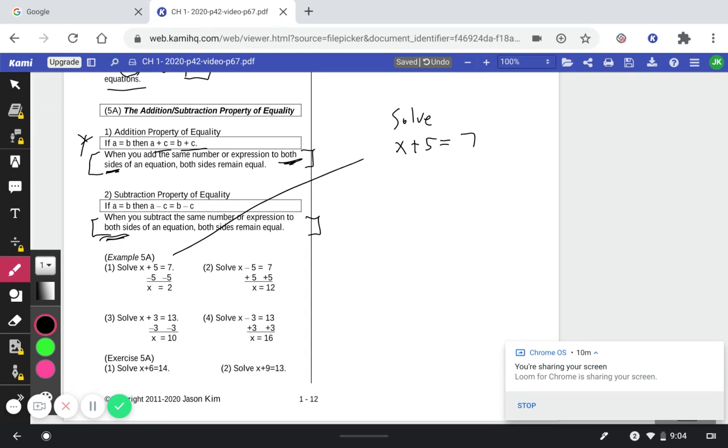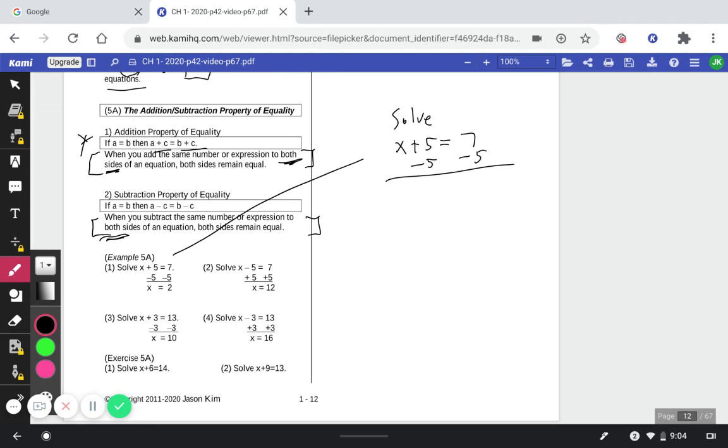To solve, the x has to be alone on the left side of the equal sign. That means you have to somehow remove the plus 5. The way you remove it is you do the inverse operation. Right now, the operation with x on the left side is plus, and the inverse of plus is minus. So you do minus 5 on both sides.